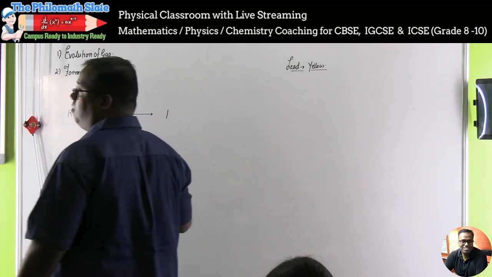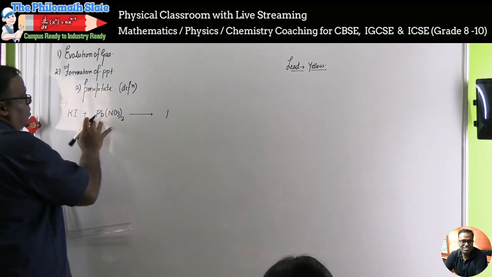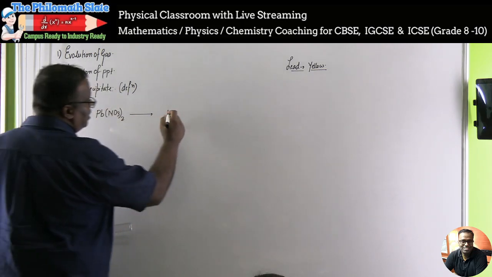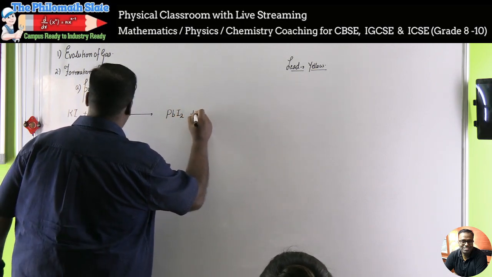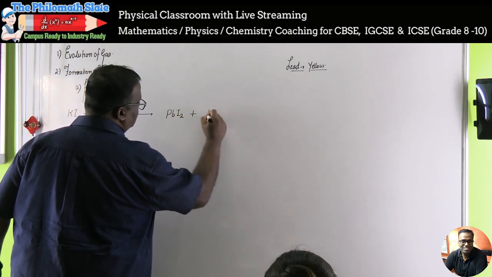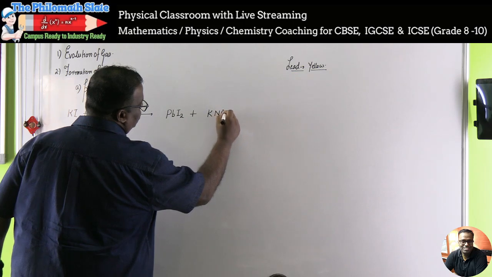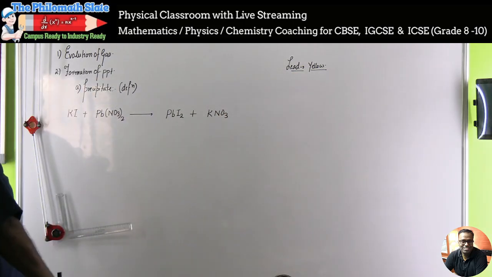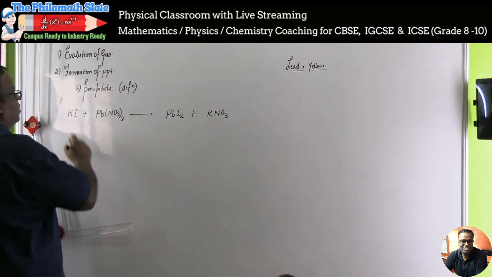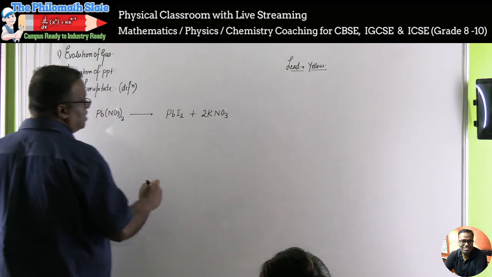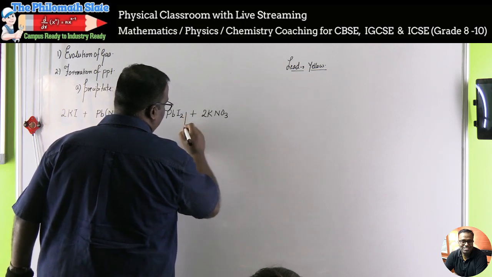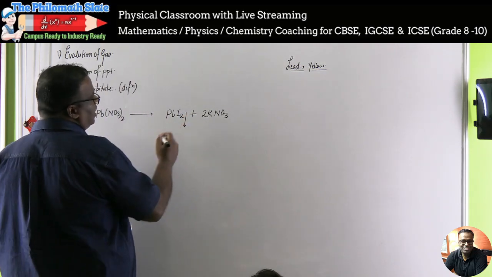So what type of reaction will we see here? It will be a double displacement reaction. It will form PbI2 and KNO3. So you put a 2 here and a 2 here, and I think this gets balanced. So lead iodide, we show this at the bottom.